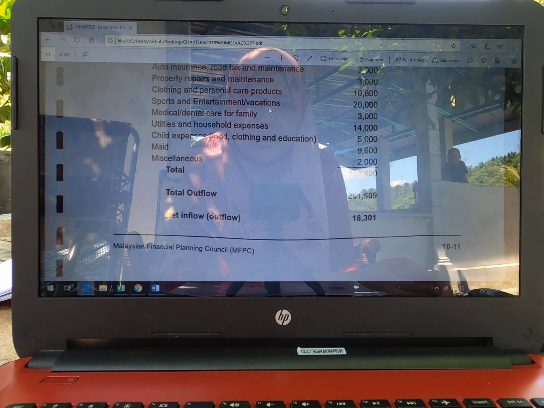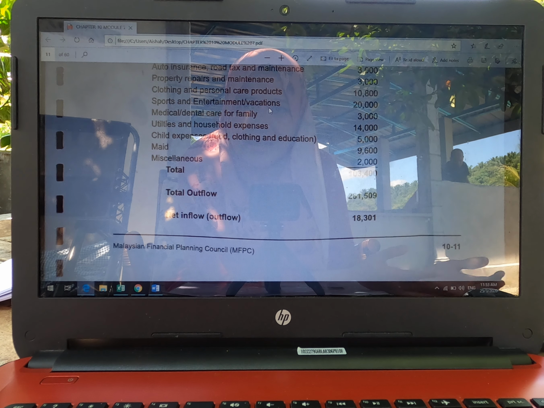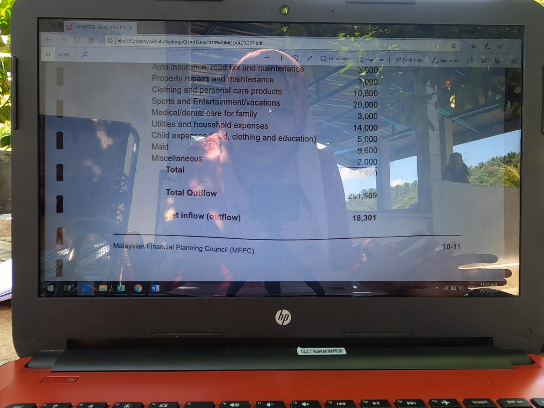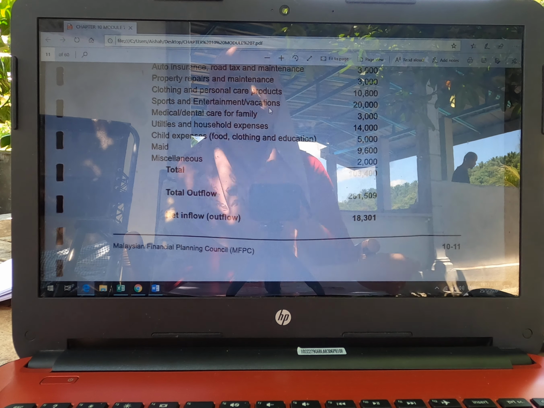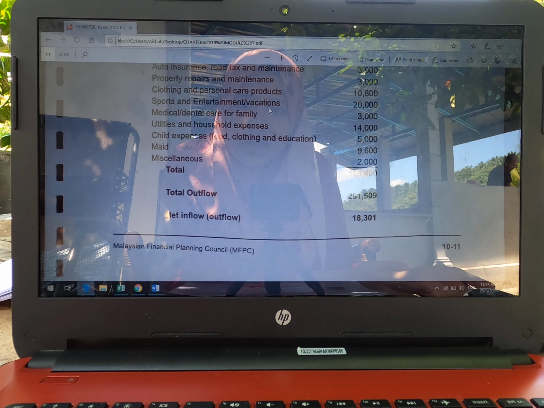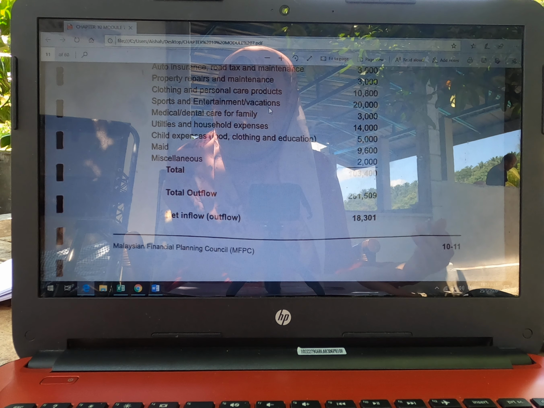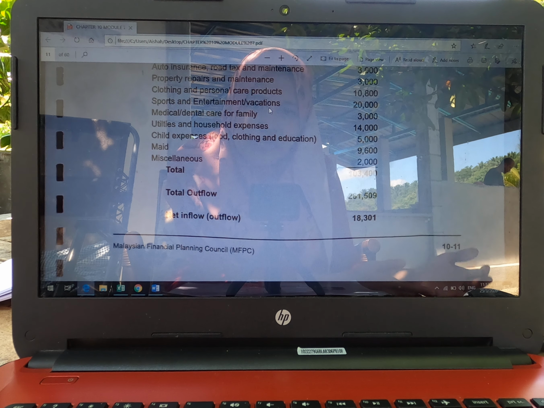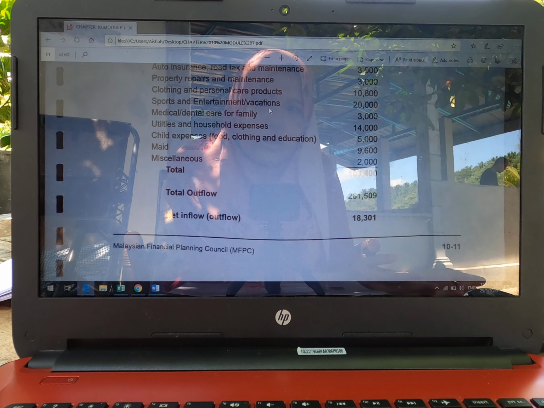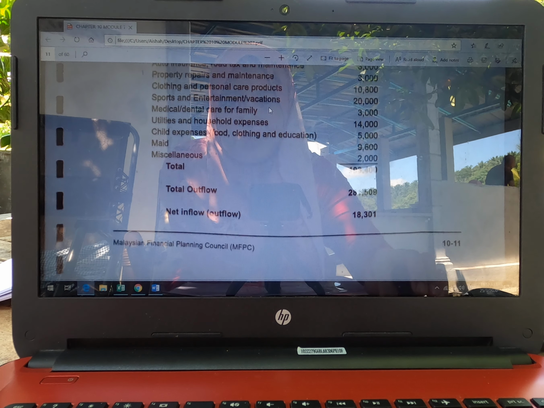You have to consider or readjust whatever information you currently have in your fact-finding sheet. If you find that based on the current calculation your net worth and cash flow are not favorable, it is time to make a proper adjustment to make sure your client has a positive net worth as well as a positive cash inflow.